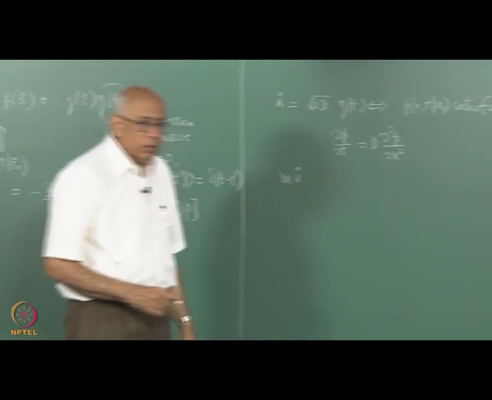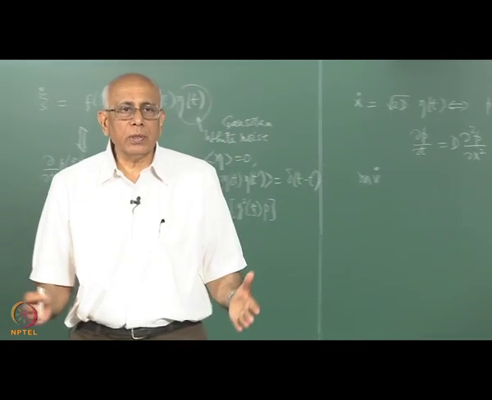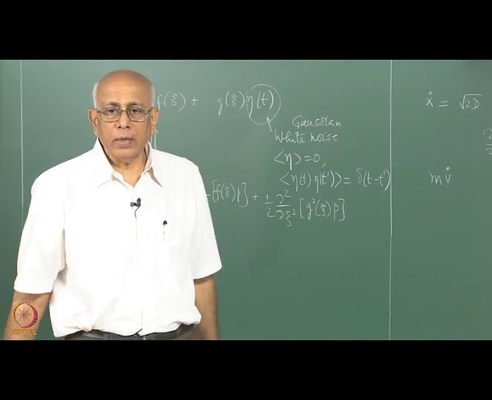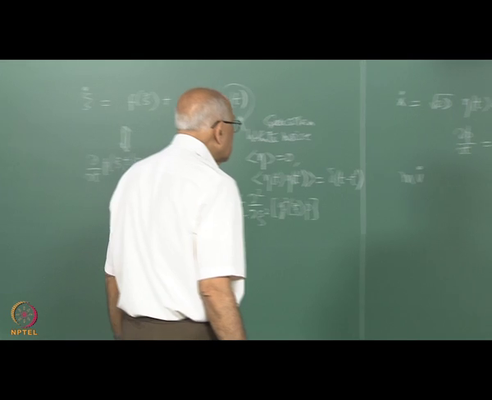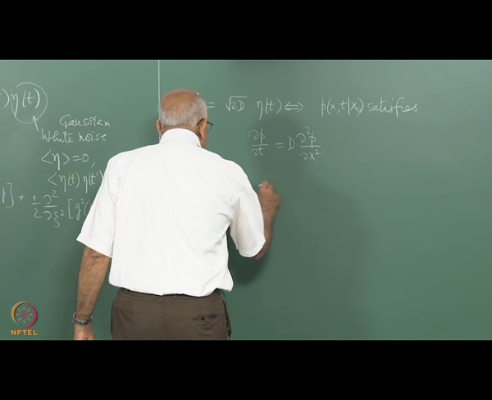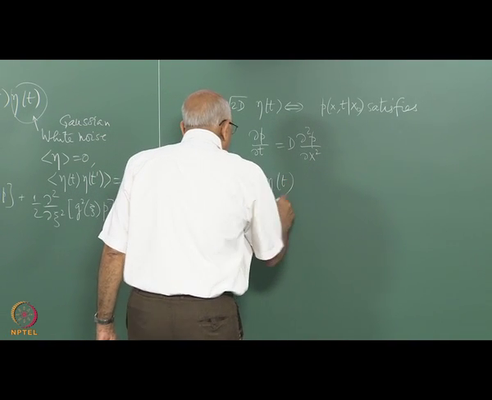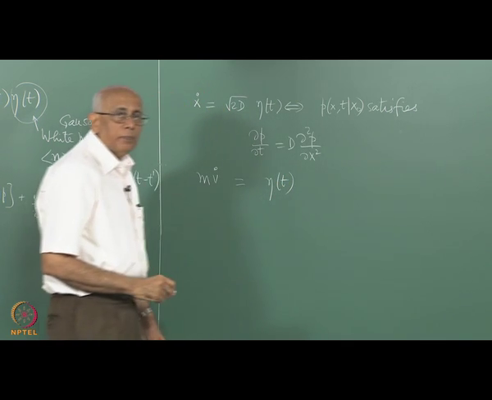And in the simplest instance you would say this force is a completely random force. It is due to all these molecular collisions, I do not know anything about it. So in the simplest instance you would say this is equal to eta of t itself in this fashion.